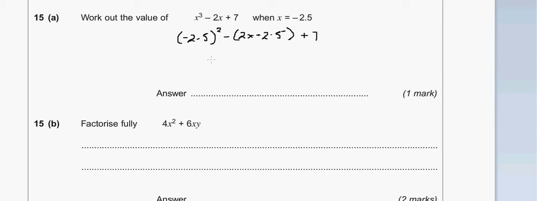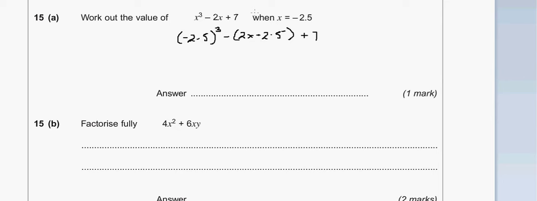Okay, so we now just cube. I'll just make sure that that's cubed. Right, let's just rub that out so it's a bit more clear. Okay, so this is cubed.